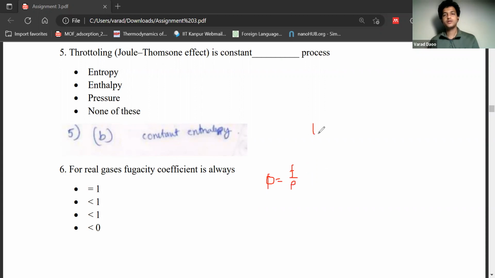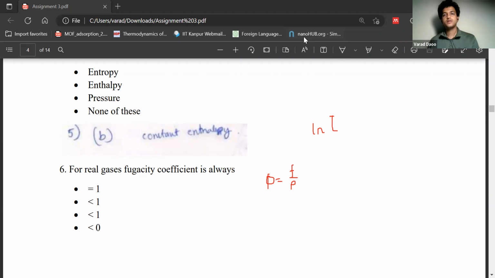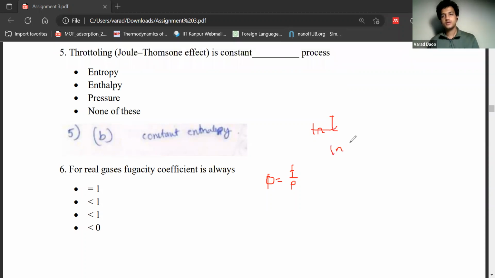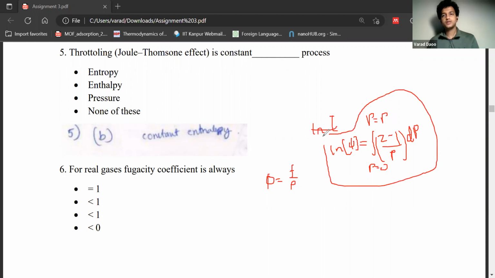And remember that ln pi is equal to the integral of (z minus 1) by p dp, from p equal to 0 to p equal to p. So using this expression, you have to tell.